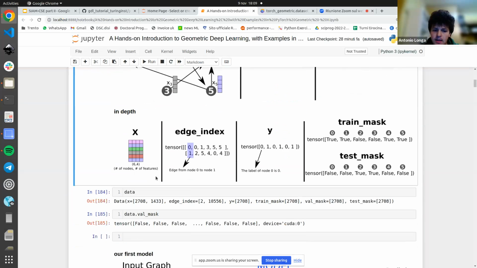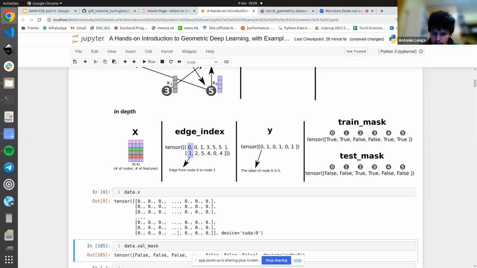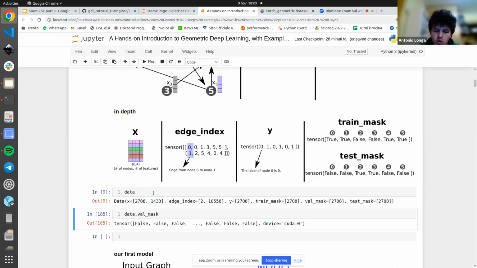And indeed, if we try to print data.x, we have this tensor that in our case, so in the Cora example, is 2,708 nodes times 1,433 features per node.